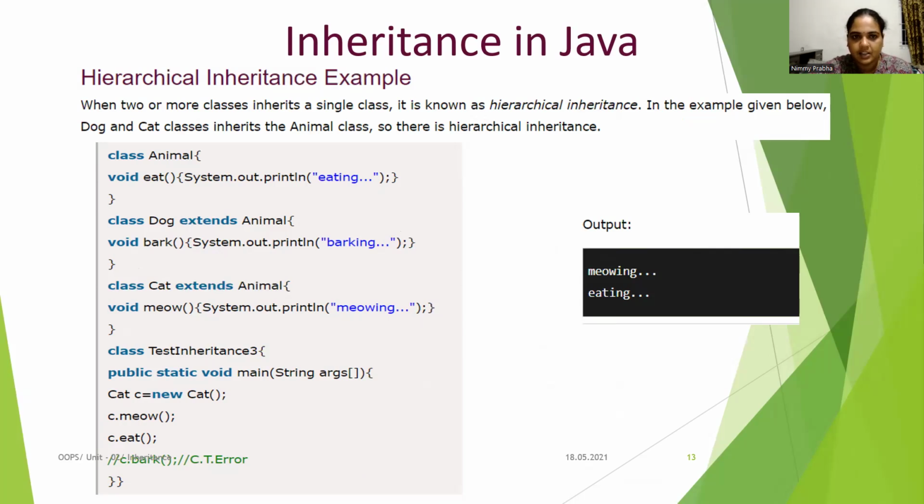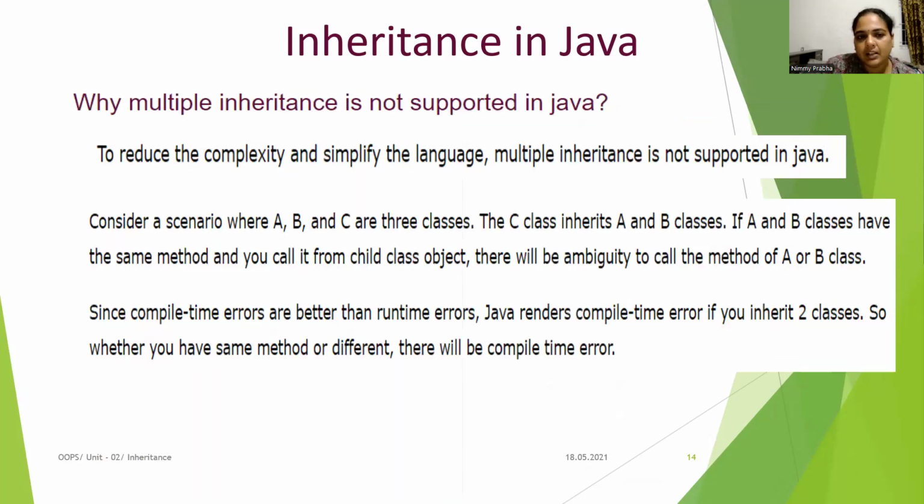Next one is why multiple inheritance is not supported in Java. To reduce the complexity and simplify the language, multiple inheritance is not supported in Java. Consider a scenario where A, B, C are three classes.